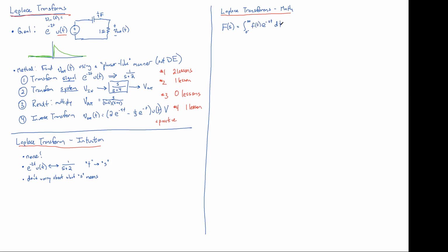Okay, so f of t is your time domain equation, that e to the minus 2t u of t example, and then f of s is your Laplace transform in the S domain, also called the frequency domain.